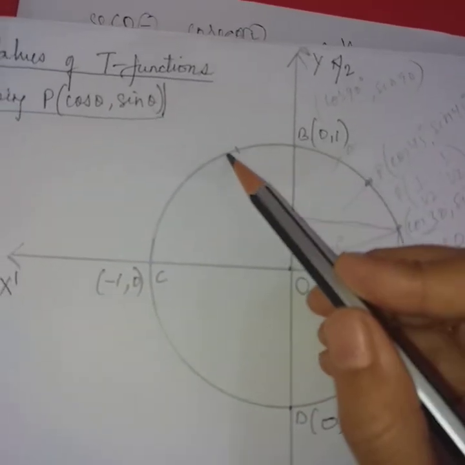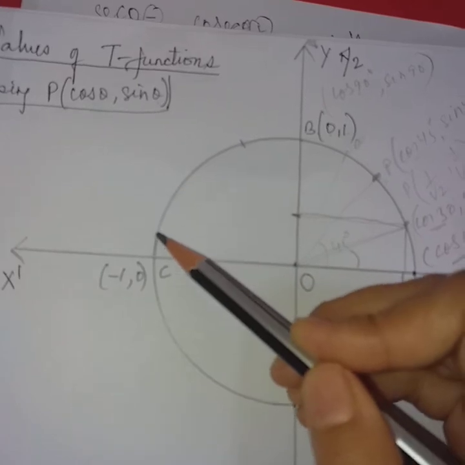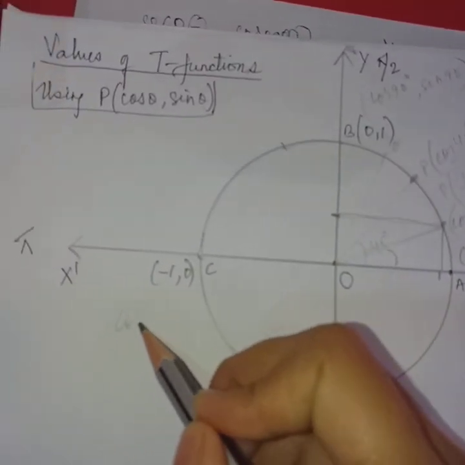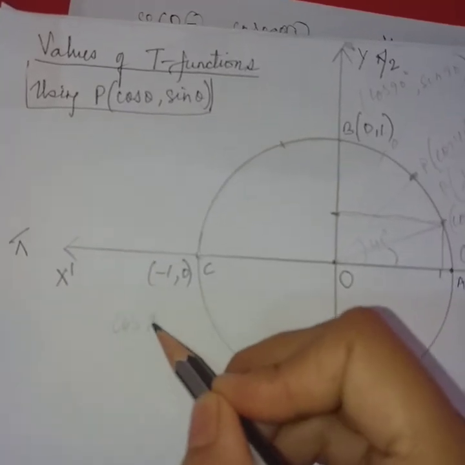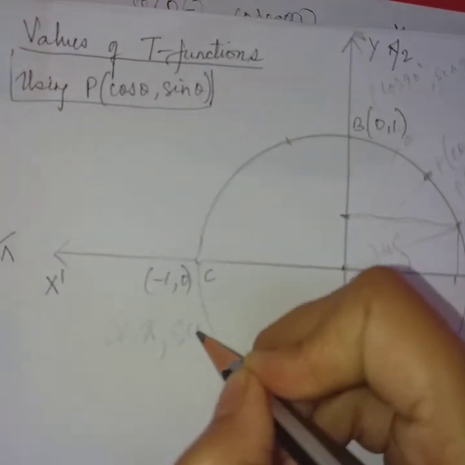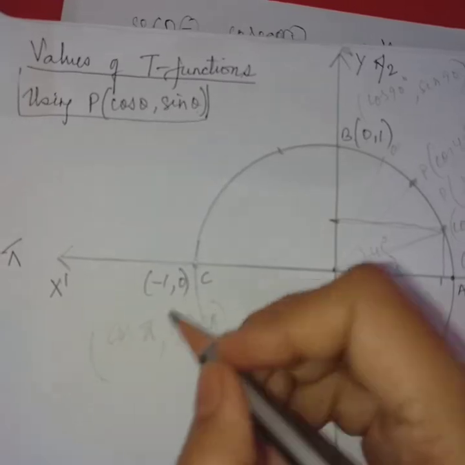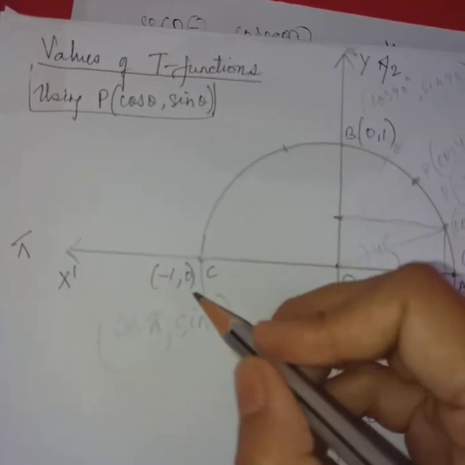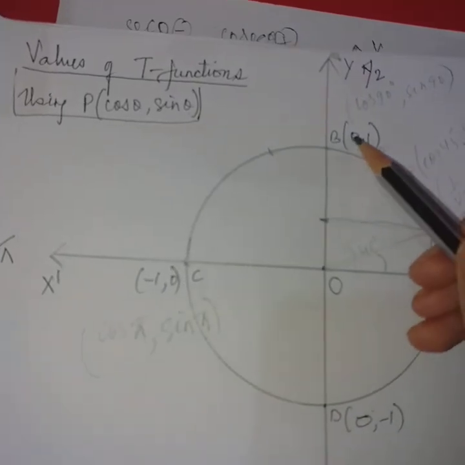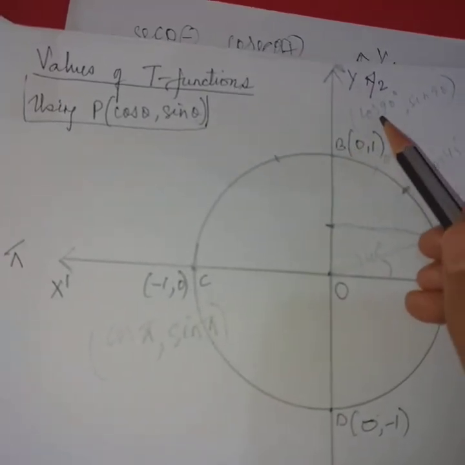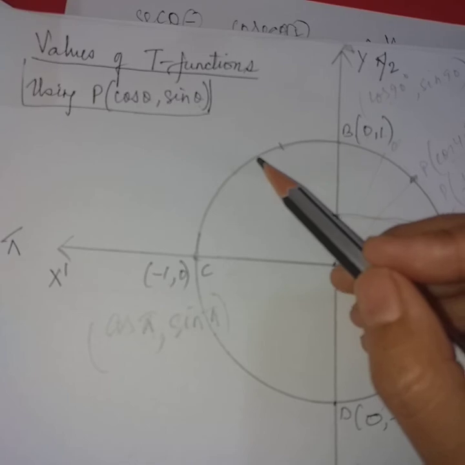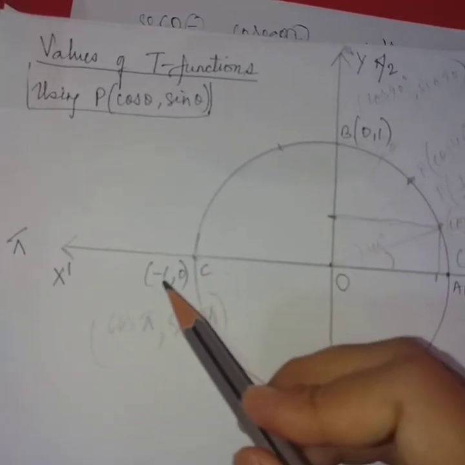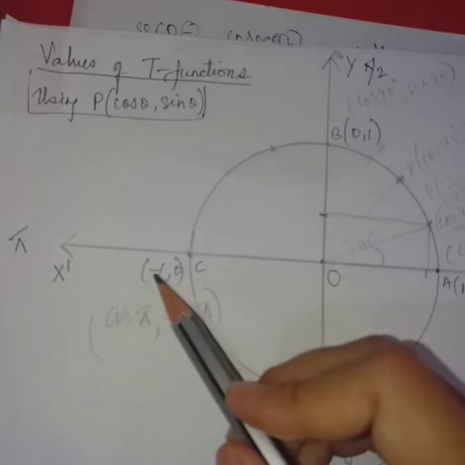If we move on and come to this point, the coordinates are cos pi and sin pi. The value of cos pi is minus 1 and the value of sin pi is 0. So from cos 90, which is 0, as we keep on moving, the value of cos decreases to minus 1.